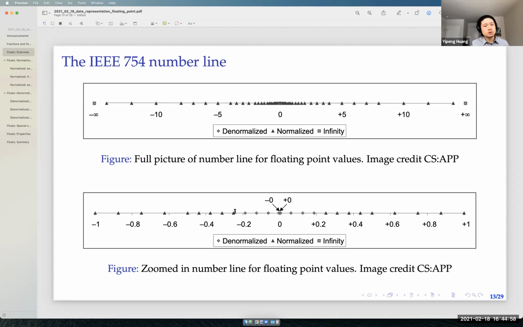And so there is a whole field of mathematics and computer science called numerical analysis, which talks about how to make sure that our computation is sound.